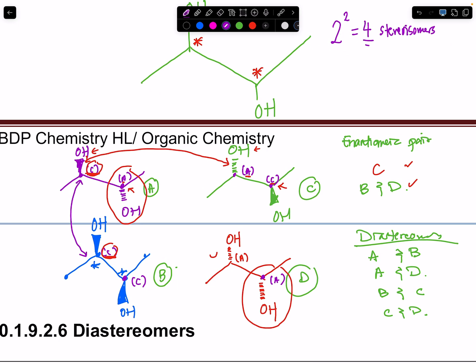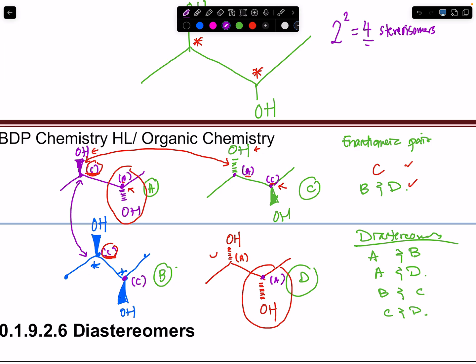For you to be diastereomers, you need to share at one chiral center, and the other chiral center doesn't matter whether you share or you don't share. You understand now? The key ingredient here for you to be diastereomers is you need to share at one chiral center. Share means what? Share the same rotation pattern at one chiral center.